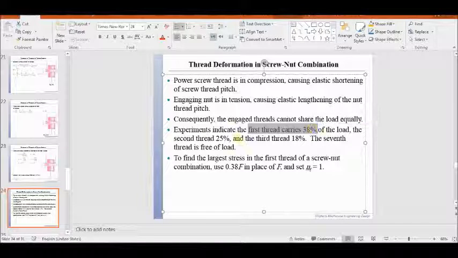carries 38% of the load. The second thread carries 25%. The third carries 18%. Definitely the fourth one is less than 18, the fifth is less than the fourth, and the seventh thread does not carry any load, or is free of load.